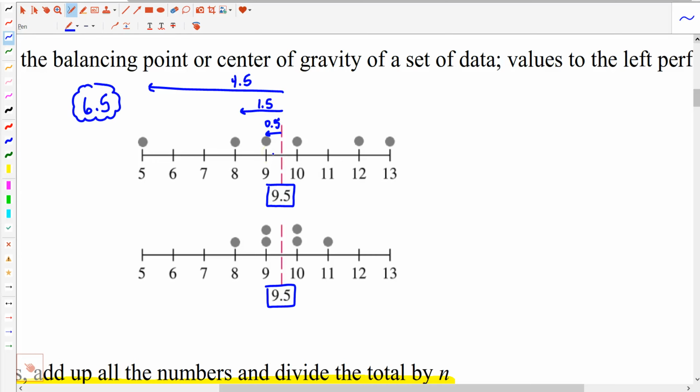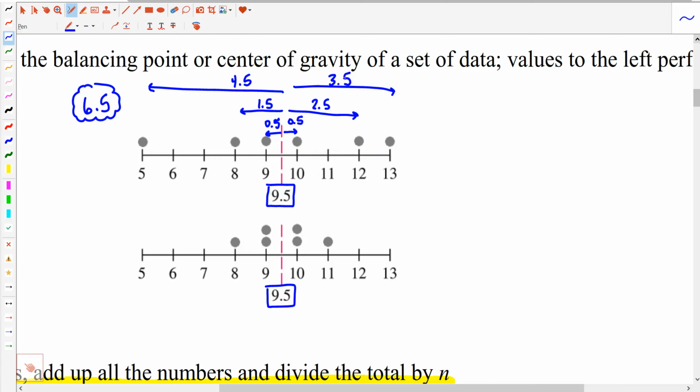Now let's go and find the pull to the right. This point has a pull of half to the right. This value out here has a pull of 1, 2.5. And this value out here has a pull of 1, 2, 3.5.